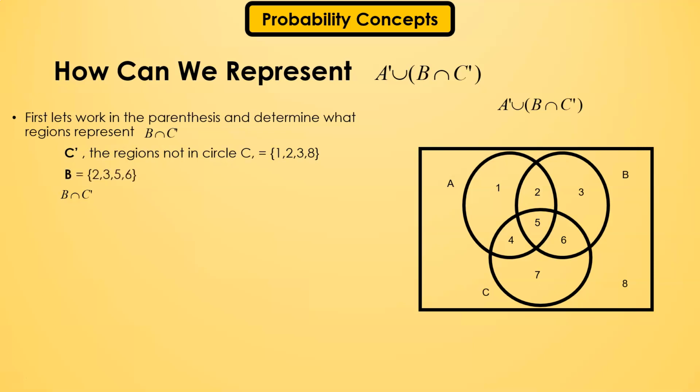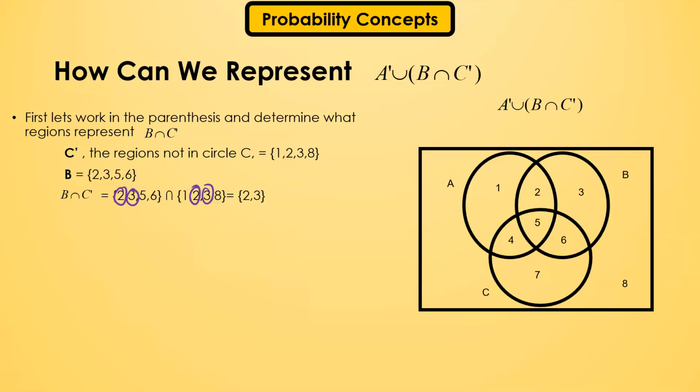Now, B we know is 2, 3, 5, and 6. So looking at the intersection of B and the complement of C, the ones that are common are 2 and 3.